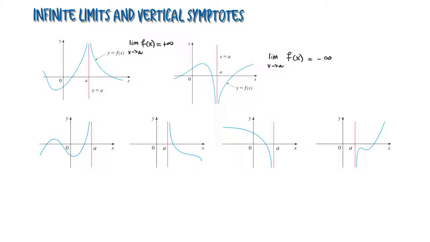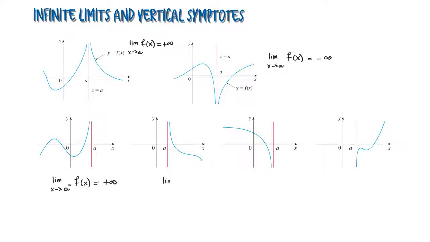So we are going to conclude there that we do have an infinite limit, hence we have a vertical asymptote. So in this case, the limit as x approaches a from the left of my function f of x is equal to positive infinity. In this other case over here, the right-hand limit is equal to positive infinity.